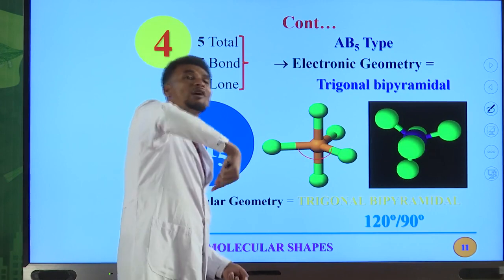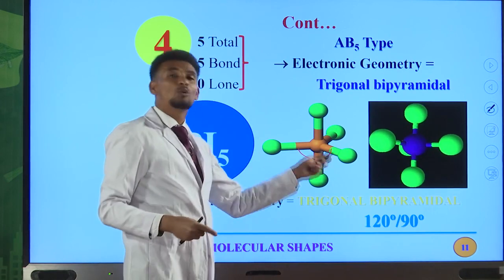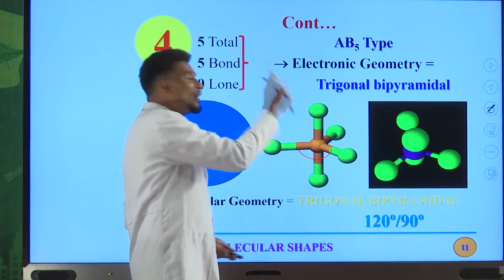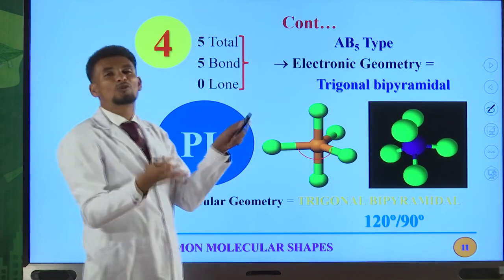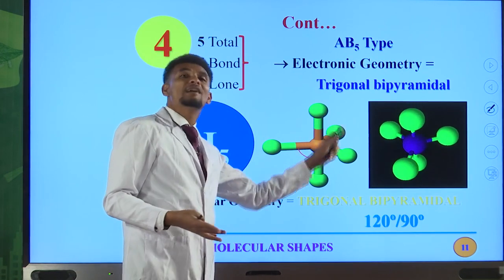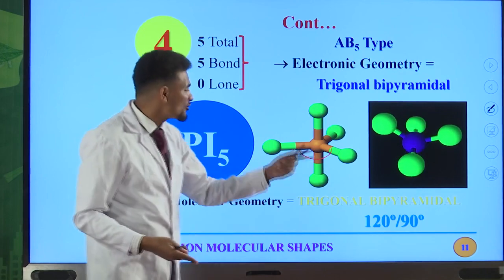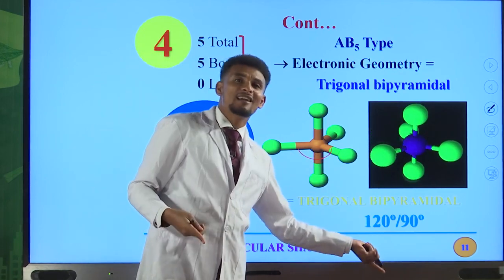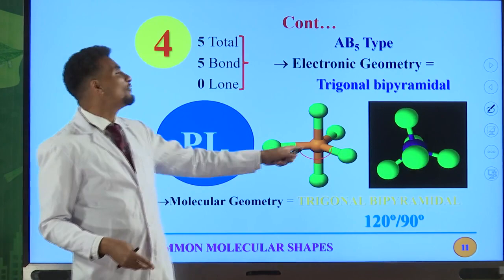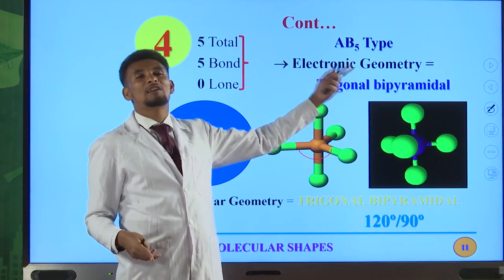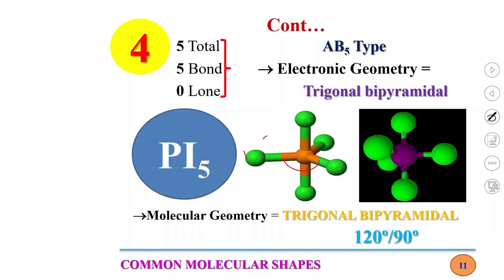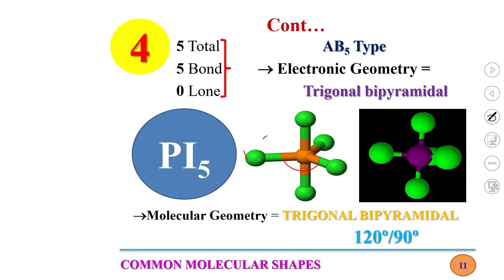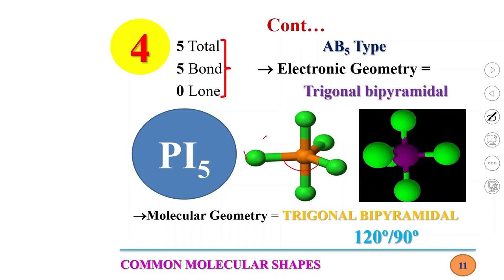So between the equatorial bonds, the bond angle is 120 degree. And between the axial bond and the equatorial bond, the bond angle becomes 90 degree. Therefore, this is the ideal bond angle for the molecules that have trigonal bipyramidal shape: 120 degree and 90 degree.